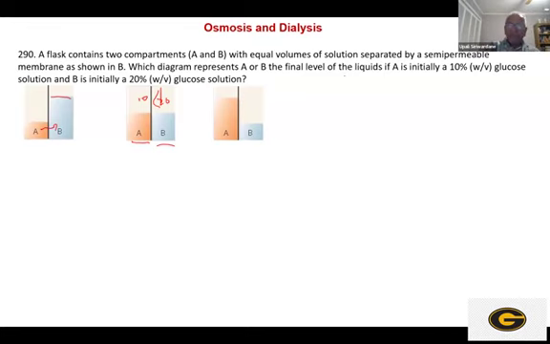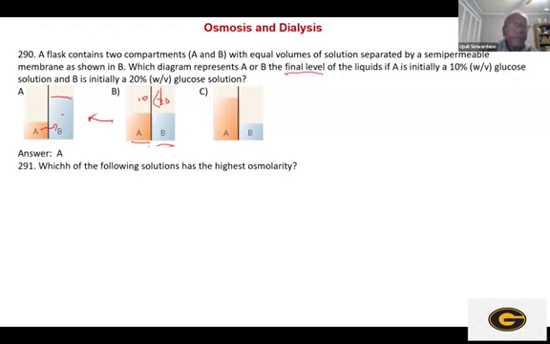What are the water levels in the final level? Therefore, A is the correct answer. If it was the other way around, then this is the correct answer. In this case, this is the initial solution. This is lower concentration, 10%. This is 20. Water flows.